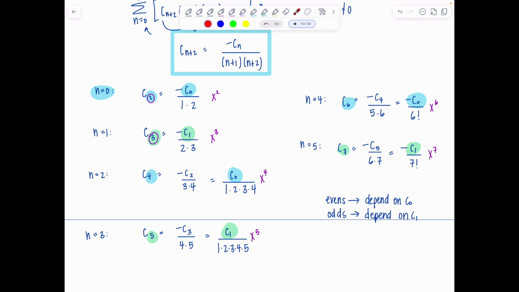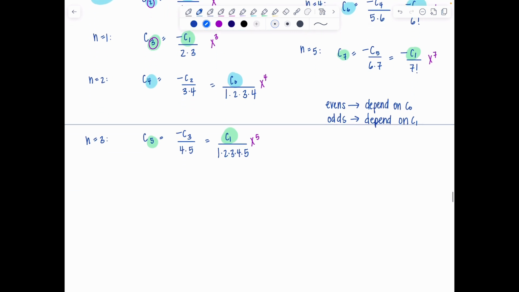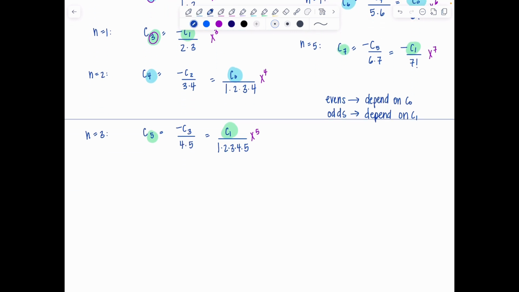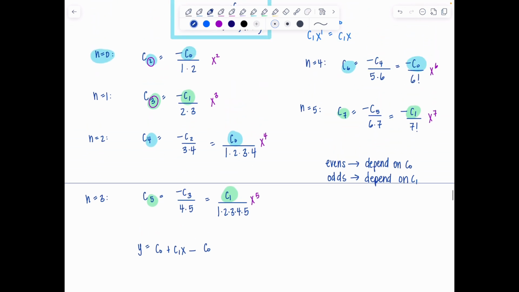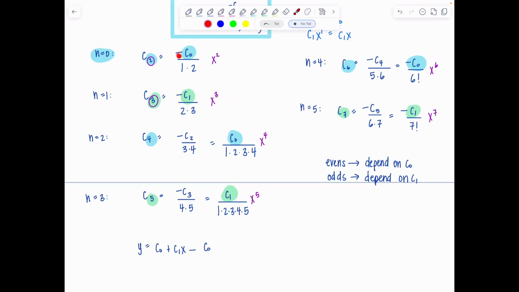Now, we started with C2, and everything's in terms of C0 and C1. So we get as freebies C0 x to the 0, which is just C0, and C1 x to the 1st. So those are kind of automatically given to us. So now let's write out everything that we have. So y equals, I'll start with C0 plus C1x minus, I'm going to think of this as negative C0 over 2 factorial to try to get the pattern going, times x squared.